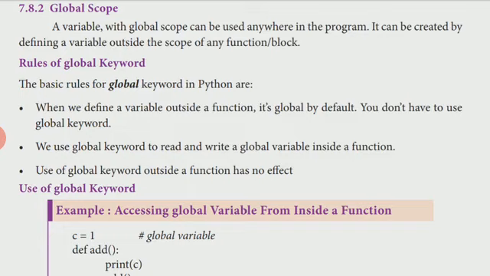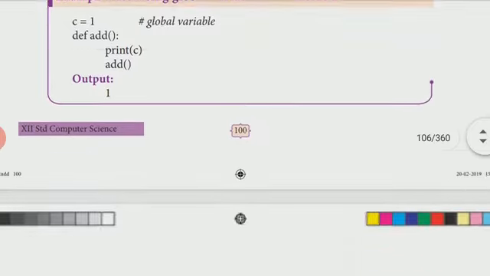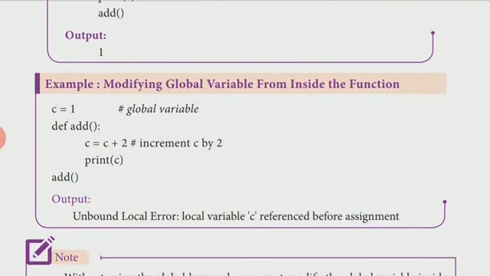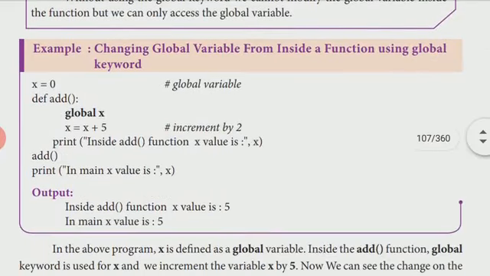The second one is, if you want to use that global variable inside the function, for example, see here, in this example x is a global variable declared as 0, but that variable is used inside the function as global x.